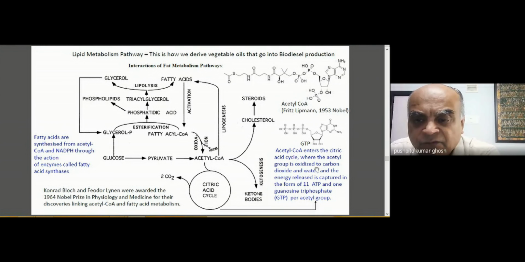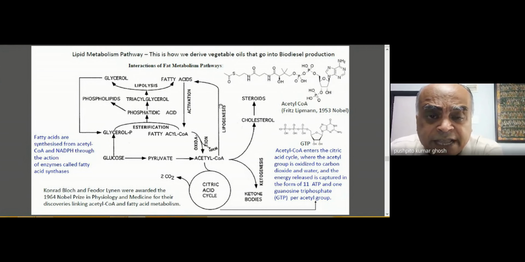Finally, it forms citric acid, and in the process, it releases 11 ATP molecules. So a huge amount of energy is released in the process of metabolizing lipids, and that happens in plants because of this fatty acid metabolism cycle.